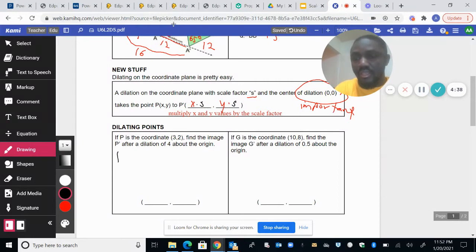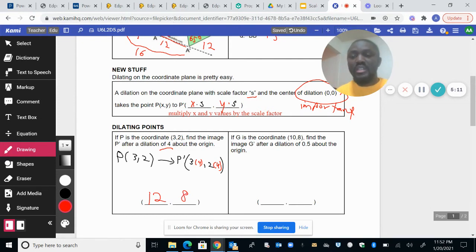Our P here is 3 and 2. So the image of P, which is P prime, we multiply each of these components, X and Y, by the scale factor 4 here. And 3 times 4 is 12. 2 times 4 is 8.